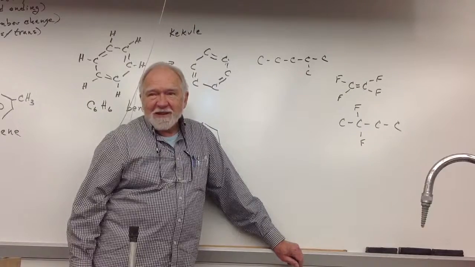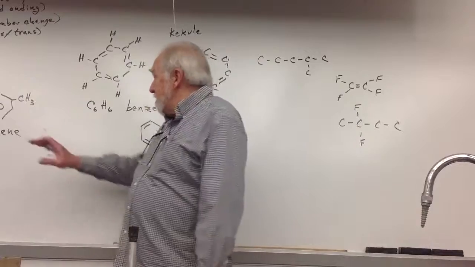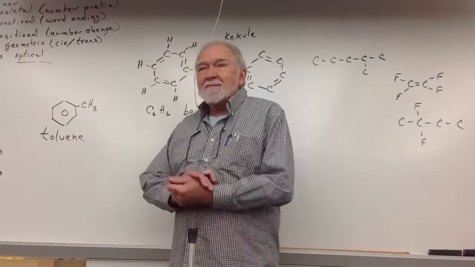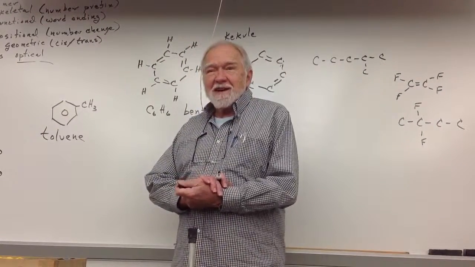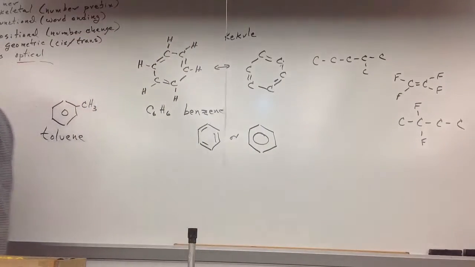Yes? What would be the IUPAC name for toluene? You don't know. This is the IUPAC name. The non-IUPAC name is methylbenzene. Yeah, so this is what you're supposed to use for this structure. So the position of the methyl group does not really matter?